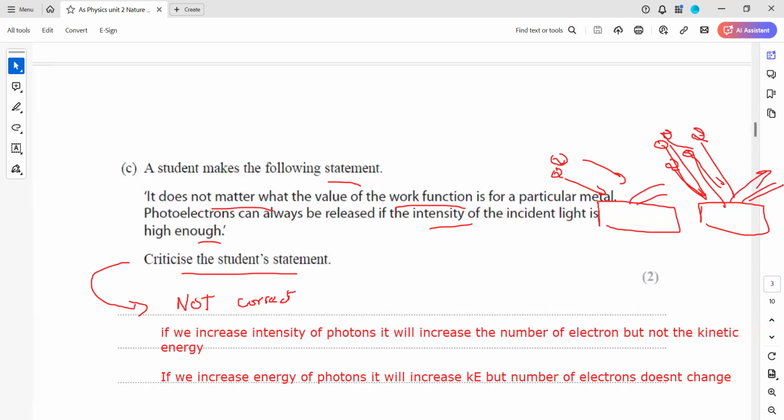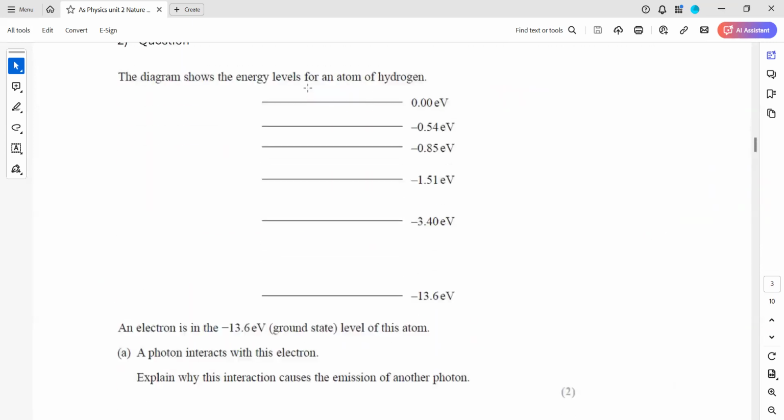But the speed at which, for example, if this electron is released at 10 joules, the others will also be released at 10 joules. So increasing the intensity will increase the number of photoelectrons, but not the kinetic energy. Intensity does not affect the energy in terms of particle nature. So that's why the student's statement is actually explaining wave nature, not the particle nature.